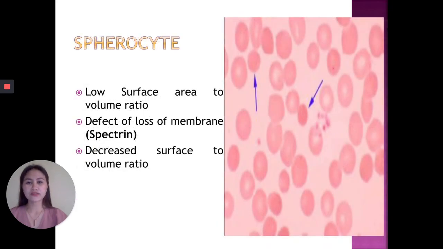Next is spherocyte. So sphere, its shape is like a sphere. It is characterized by having a low surface area to volume ratio, and the cause of this is loss of membrane due to spectrin loss, and a decreased surface area to volume ratio.